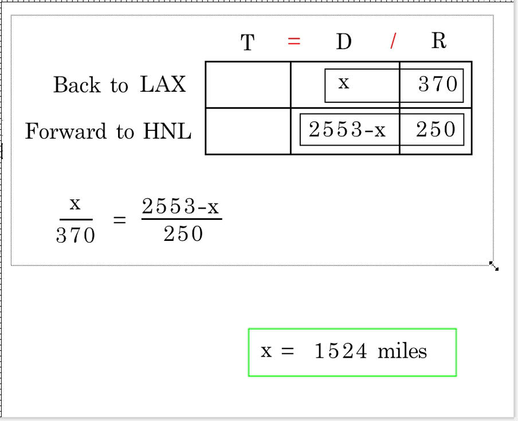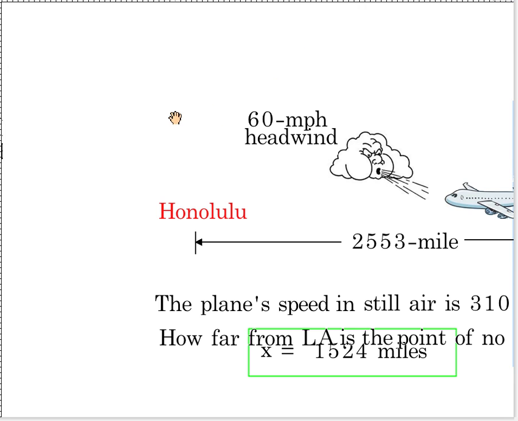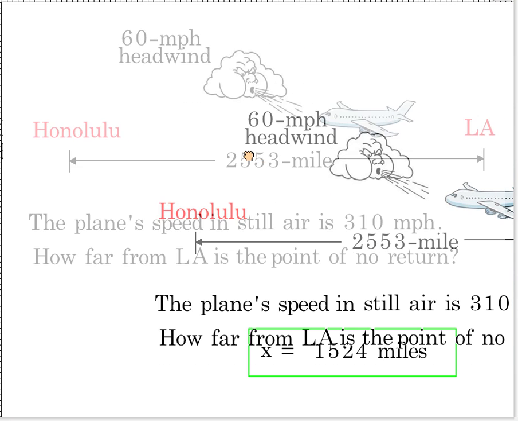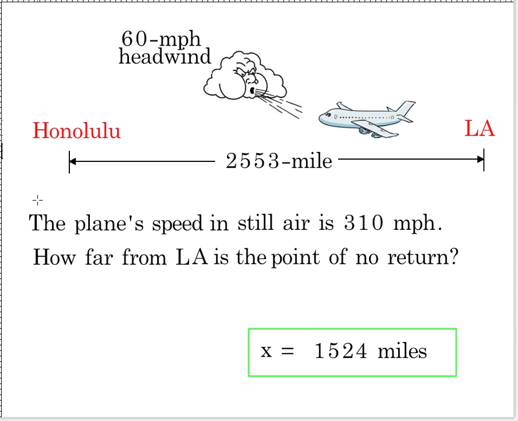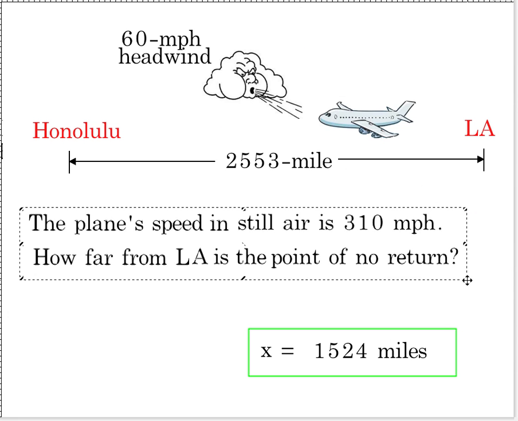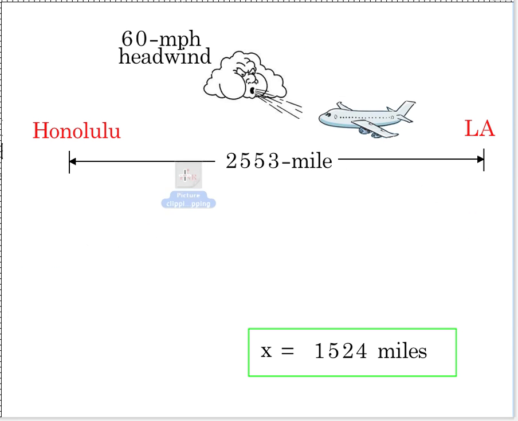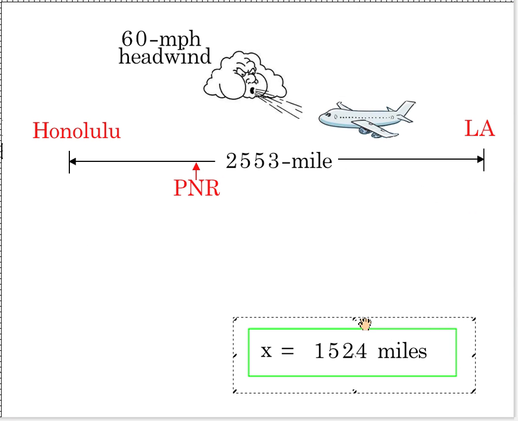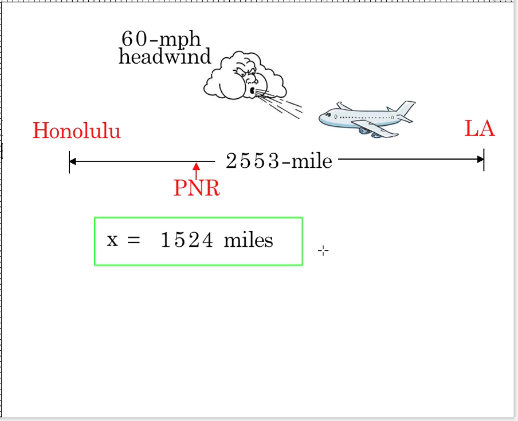Very cool. One last look at the picture here. Just to be sure we know what's going on, someplace around here you'll reach the point of no return, in other words at 1,524 miles, at which time returning to Los Angeles will take the same amount of time as going forward to Honolulu.